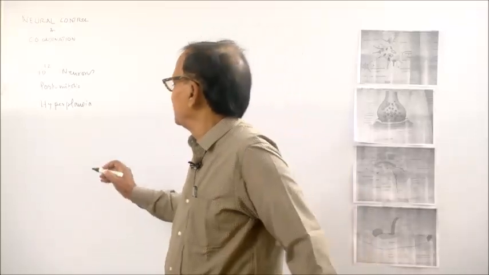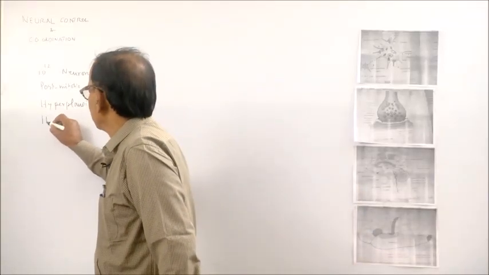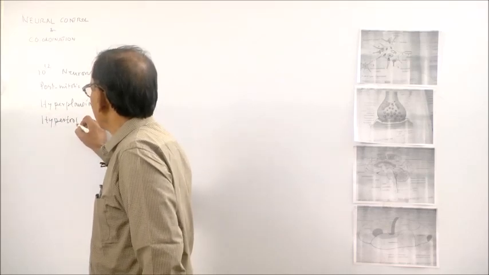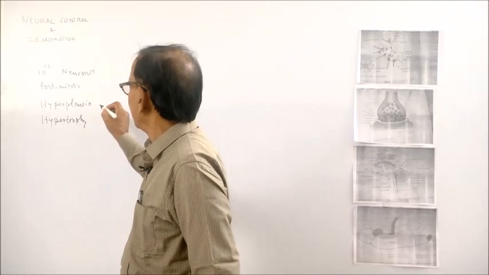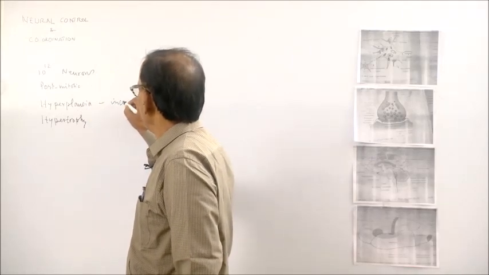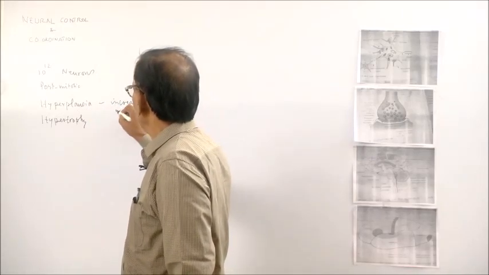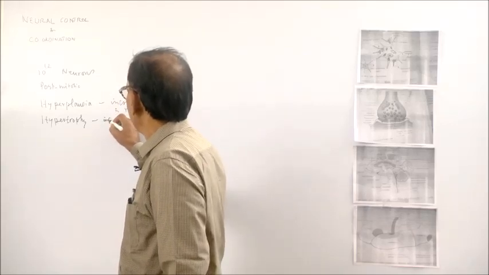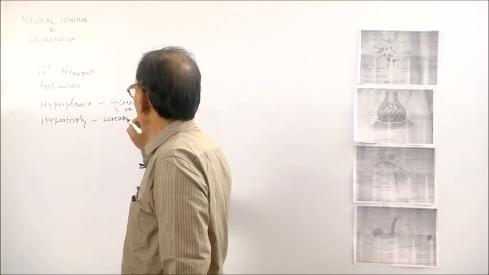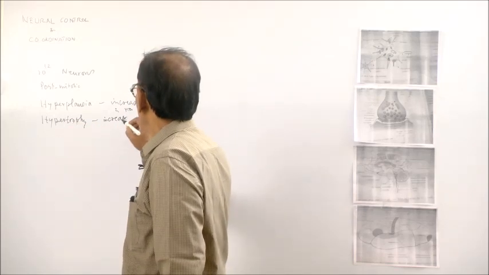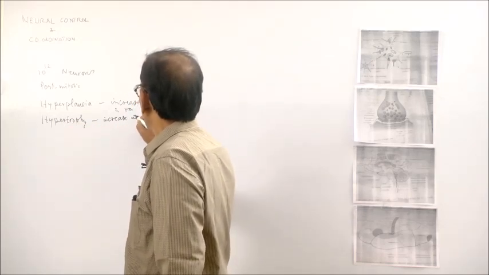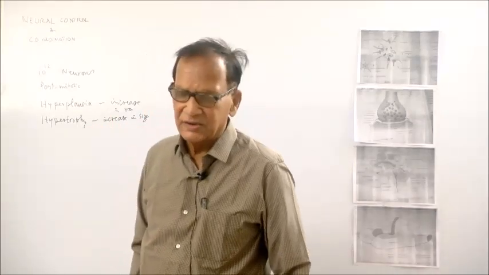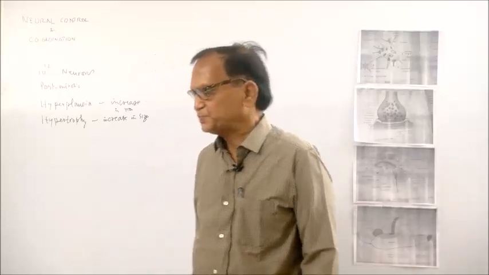So there are two kinds of growth in cells. One is hyperplasia or increase in number, and the other is increase in size. And the neurons have the second kind of growth, that is hypertrophy.